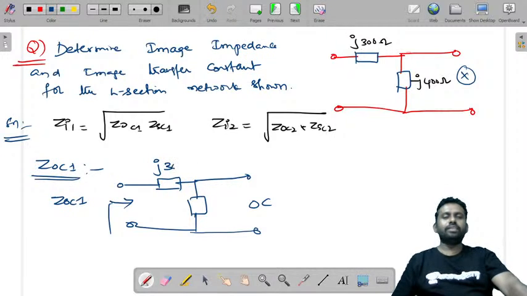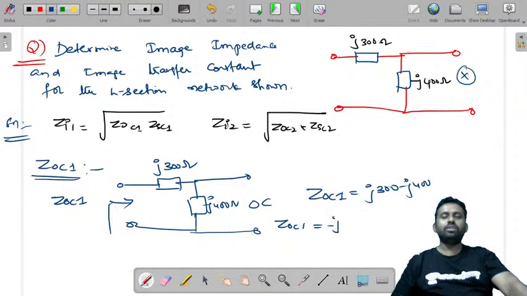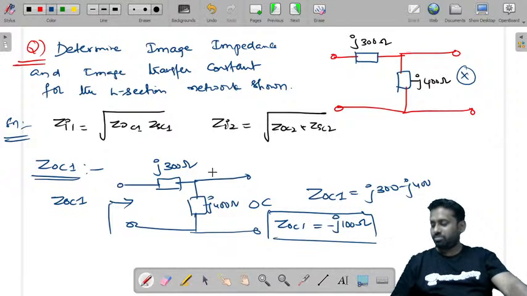This is J300 ohms and this is minus J400 ohms. So ZOC1 is equal to J300 minus J400, which is minus J100 ohms.